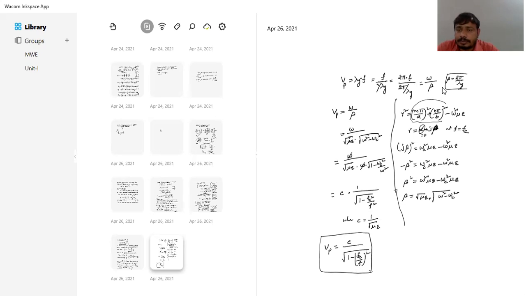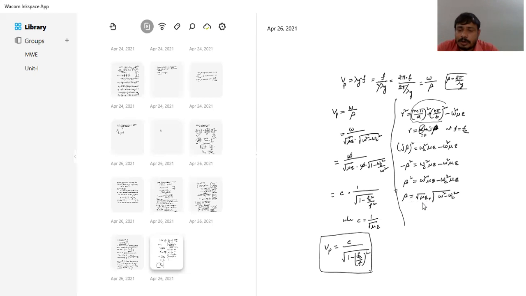Already we know beta is equal to 2 pi by lambda g. From the cutoff frequency derivation, we saw there that beta square is equal to omega square mu epsilon minus omega c square mu epsilon.